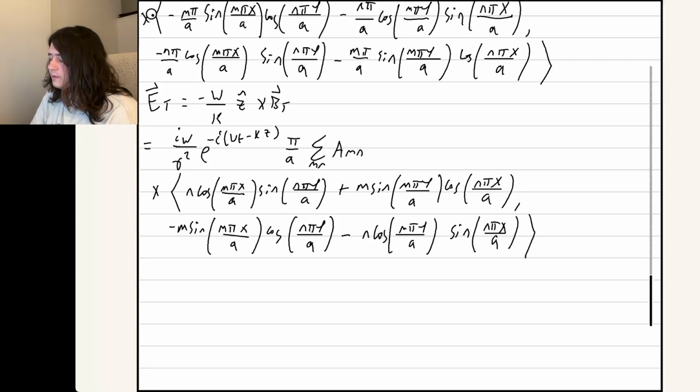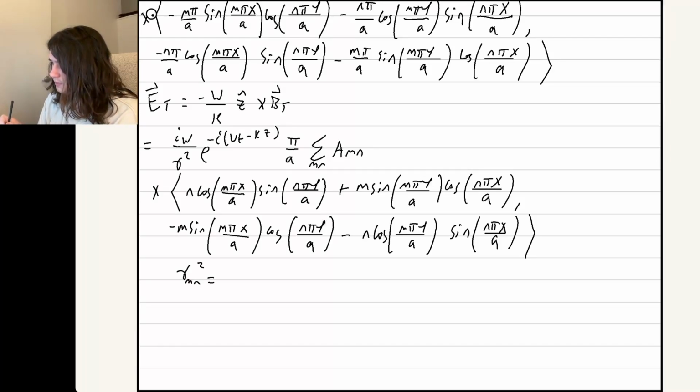So now we need to calculate what gamma and the frequencies are. So gamma, when indexed with m and n for the different modes, for a square, will be m squared over a squared plus n squared over a squared as well.